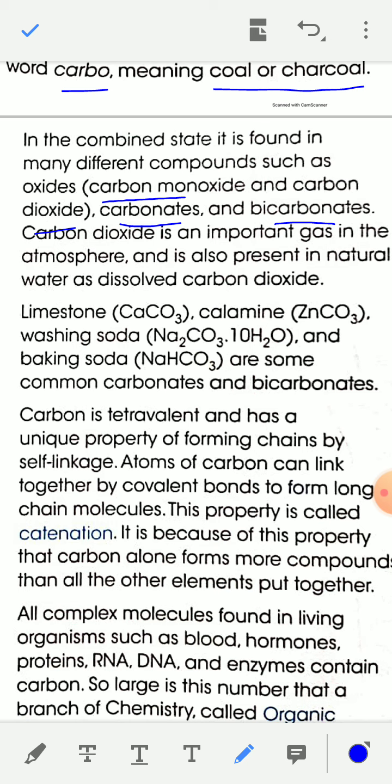Limestone, that is CaCO3, calamine, ZnCO3, washing soda Na2CO3.10H2O, baking soda NaHCO3, all these substances are made up of carbon. So carbon is one constituent of these substances.